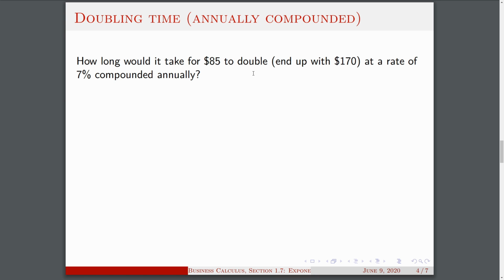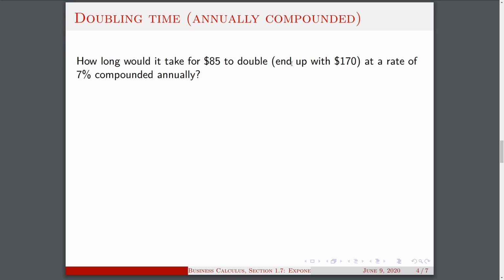This would be the time that it takes for the account balance to double, or some initial value to double. Maybe that's a population. Our examples usually have to do with balances in an account. We're not very creative, so we just think about money. So how long would it take for $85 to double?